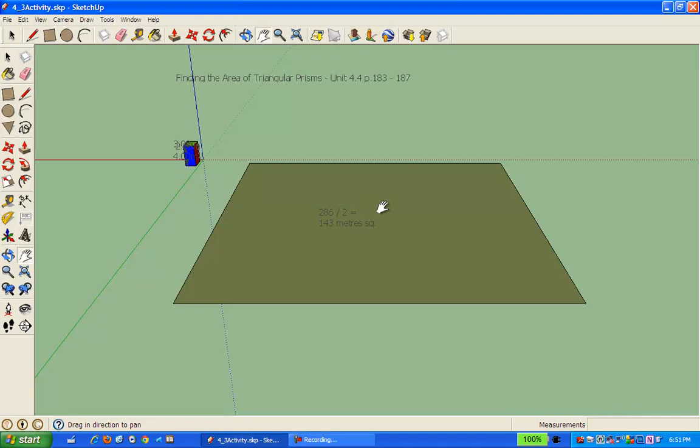I'd like you to include some triangular prisms in there now, and also calculate and show the area of 3 of your triangular prisms. And you can calculate the area on your Google Sketchup, just like I did over here.